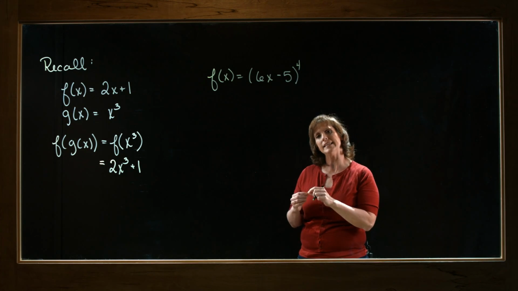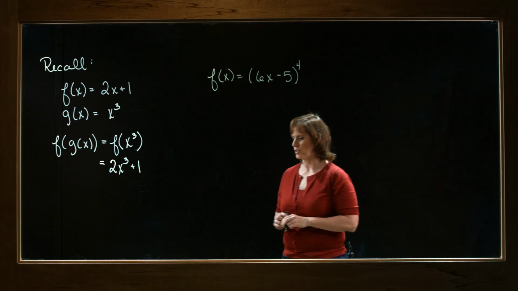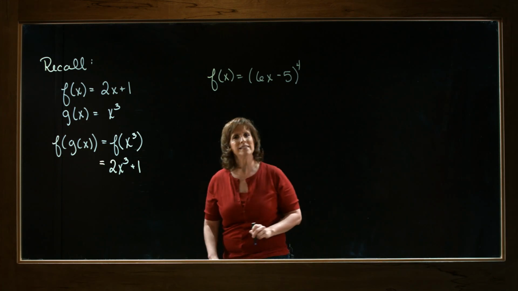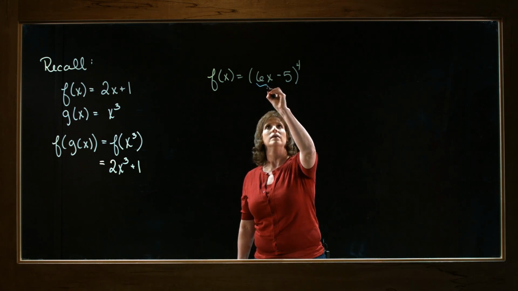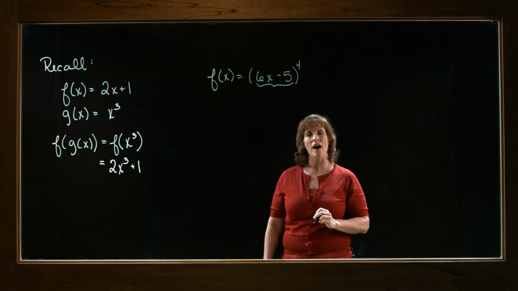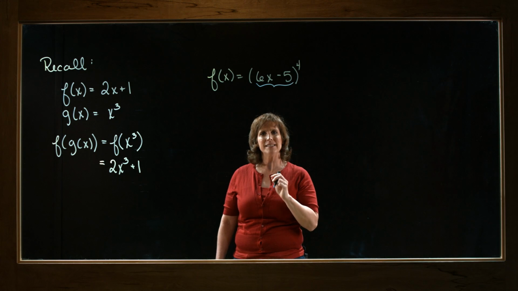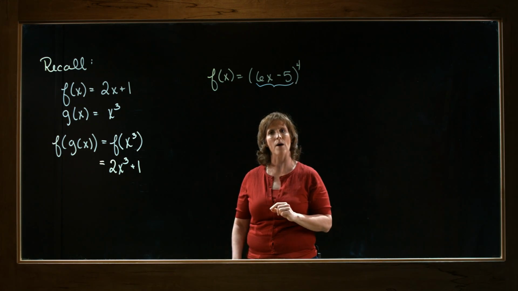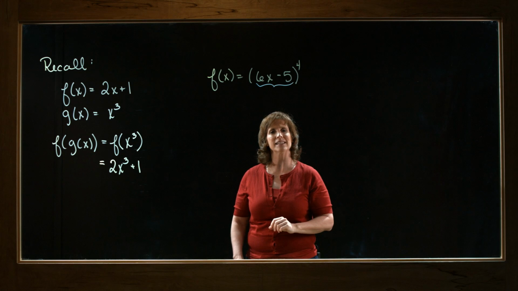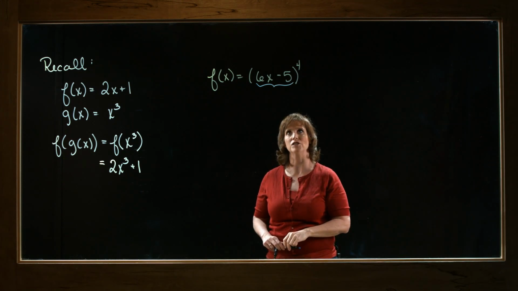So we're looking for an inside function and an outside function. Well, I see several operations going on here. One of them is 6x minus 5. After I take 6x minus 5, I take that entire expression and raise it to the 4th power. So it looks like that 6x minus 5 is my inside function.